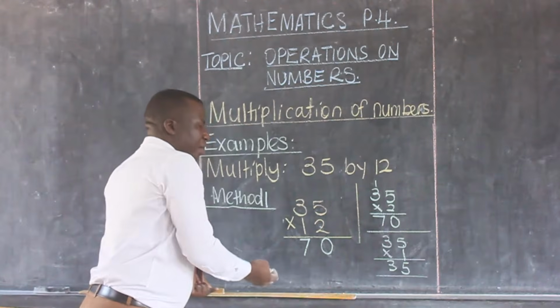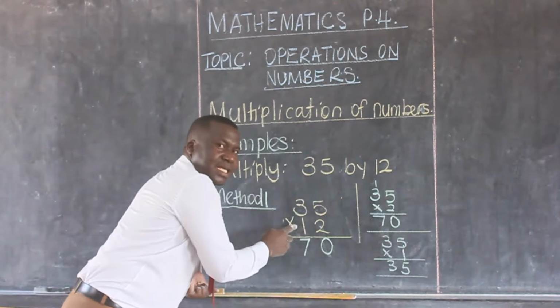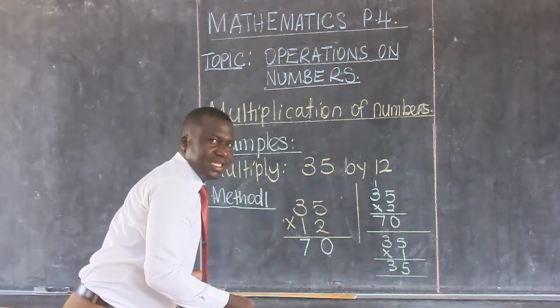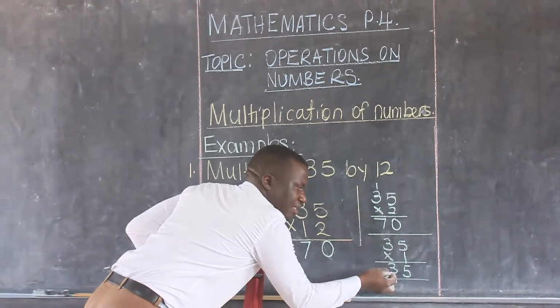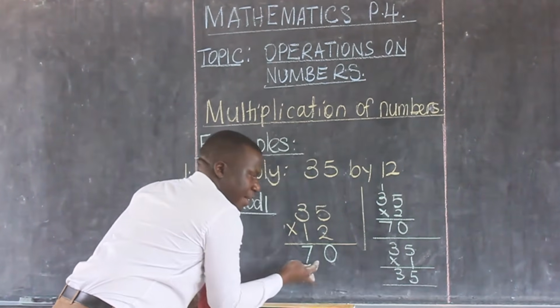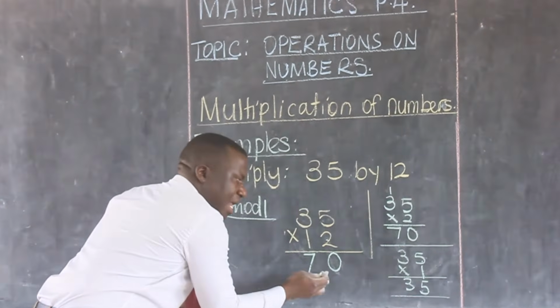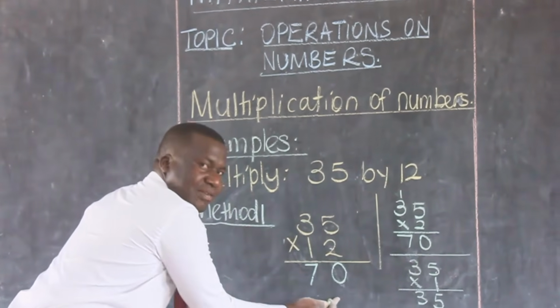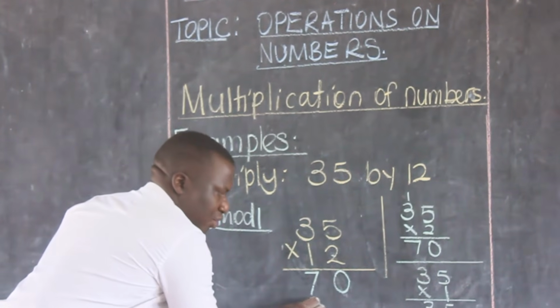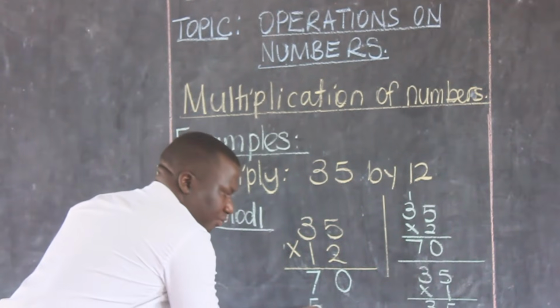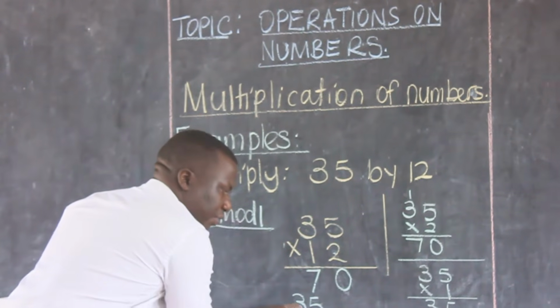Then now, remember this one here is under tens. So when you are transferring this 35 here, you shall skip the ones place value. We shall start from tens. So we shall write 5 and we shall write 3.